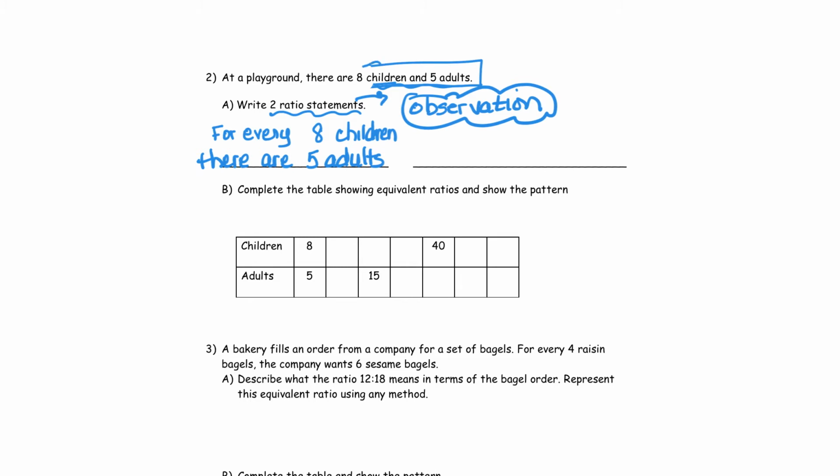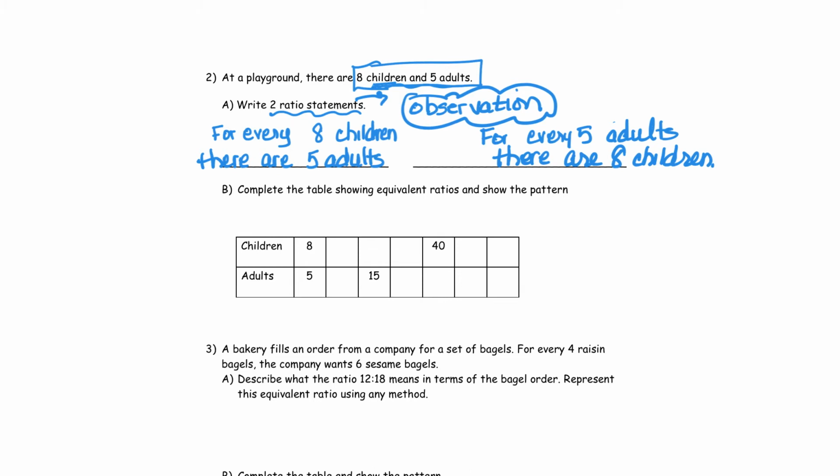Okay, for every 5 adults, there are 8 children. Okay? And that's all you have to do.